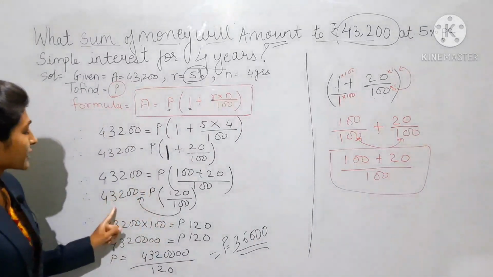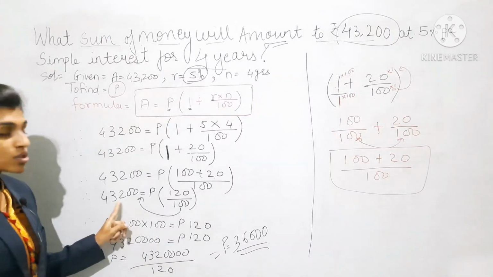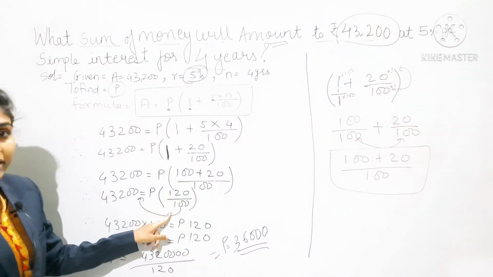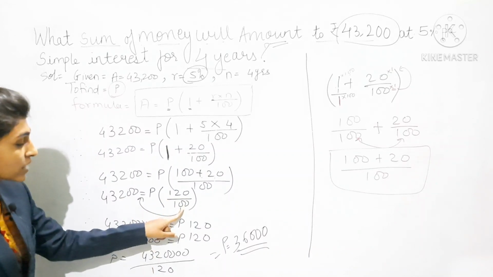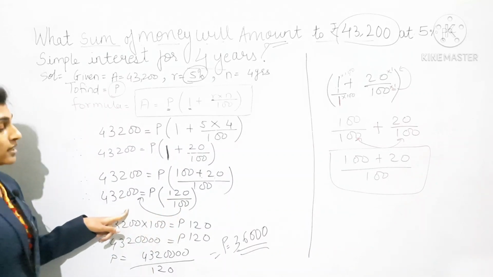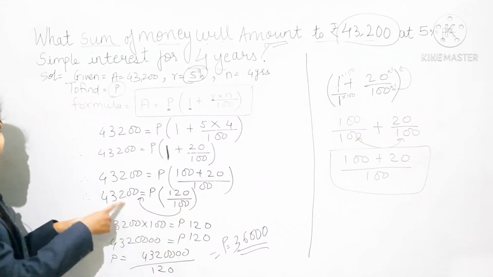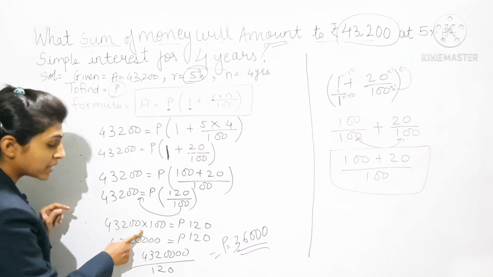So next, 43,200 is equal to P, 100 plus 20, 120 divided by 100. Then I am bringing this 100 outside the bracket. This is in the division form, so when I bring it outside the bracket the sign changes and becomes multiplication.